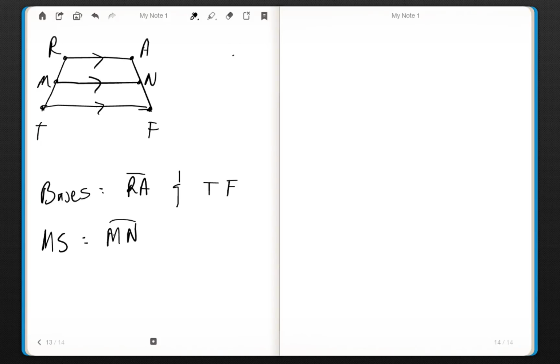So the midsegment is MN, the bases are RA and TF. So the second part of the trapezoid midsegment theorem is that the length of the midsegment, MN, is half the sum of the lengths of the bases. So the lengths of the bases are RA and TF. Half the sum means add them up and take half of it, and then you'll get the length of your midsegment.